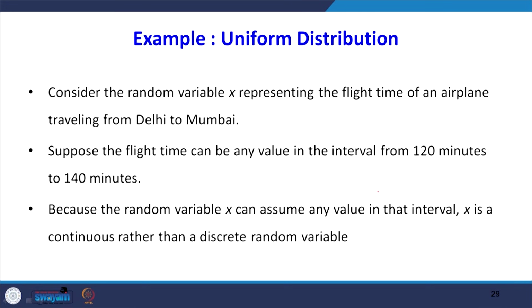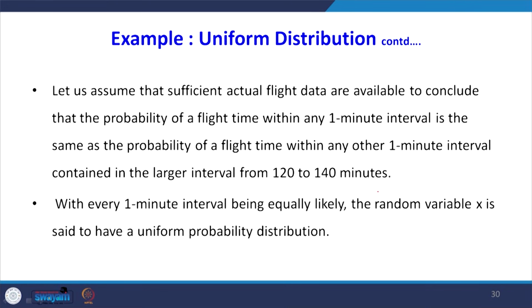We will see another example of this uniform distribution. Consider a random variable x representing the flight time of an airplane travelling from Delhi to Mumbai. Suppose the flight time can be any value in the interval between 120 to 140 minutes. Because the random variable x can assume any value in the interval, x is a continuous rather than a discrete random variable.